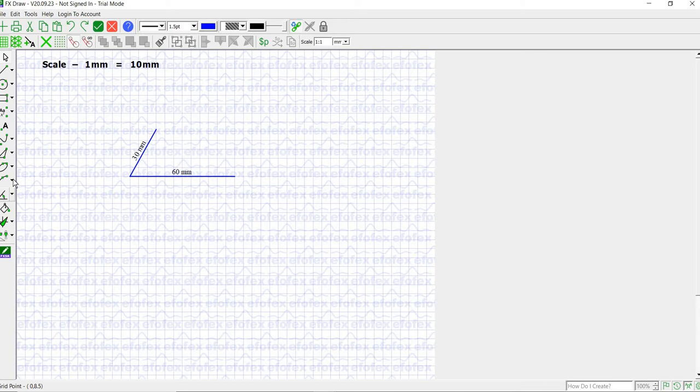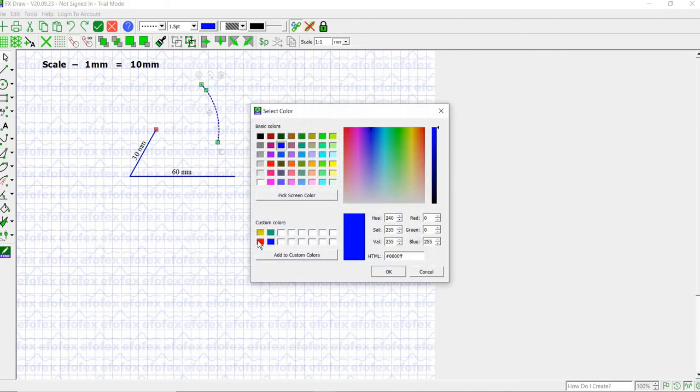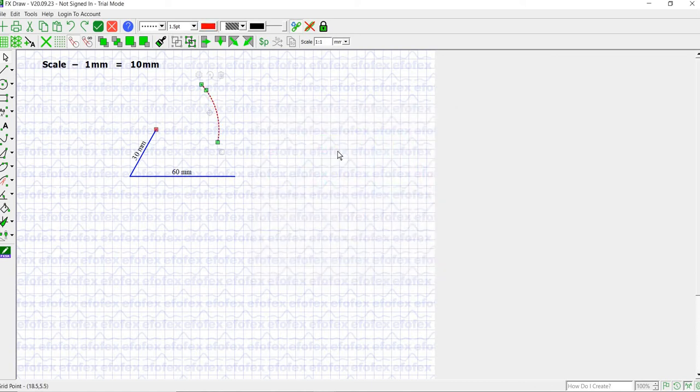Then I'll go for finding the point C, that is the connecting point of the coupler and the rocker. For that I'll take an arc of 36 mm. Then one more arc, starting from here.